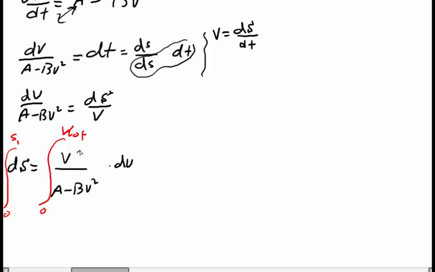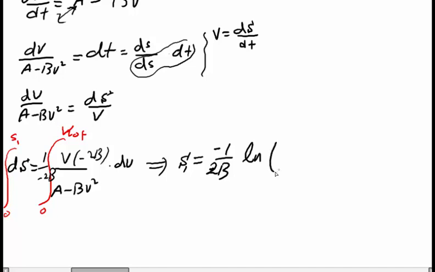If we multiply by minus 2b and divide by minus 2b, I didn't change anything. So the first integration is S1 equal to 1 over minus 2b, natural logarithm of a minus bV square. From the table of integration you find it here.